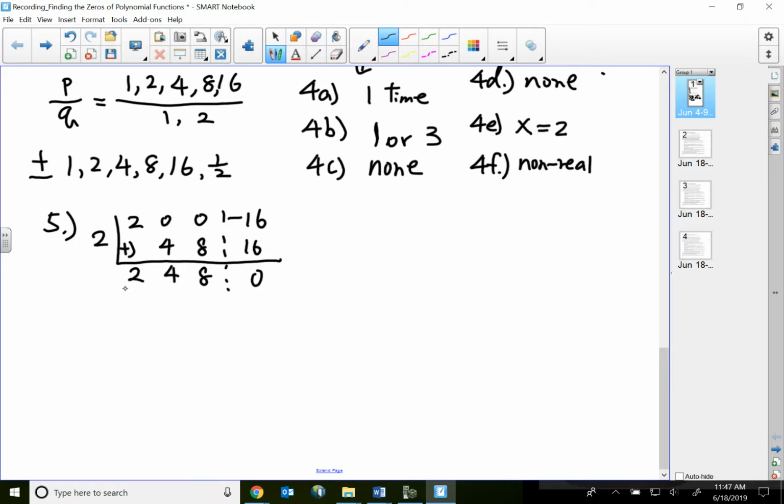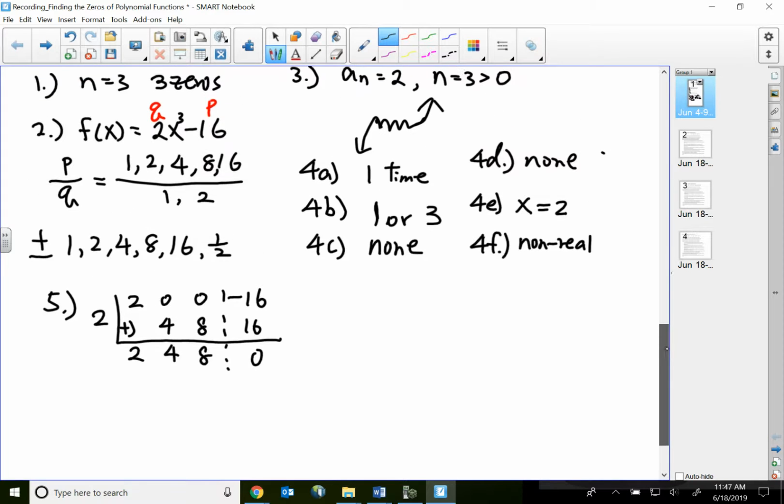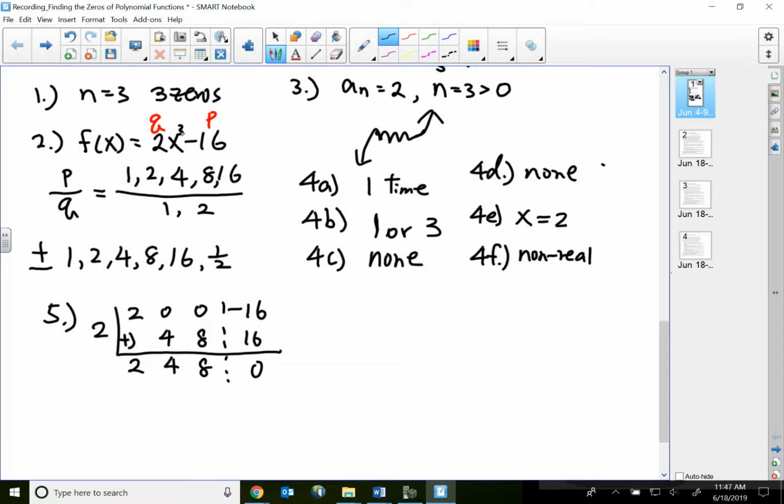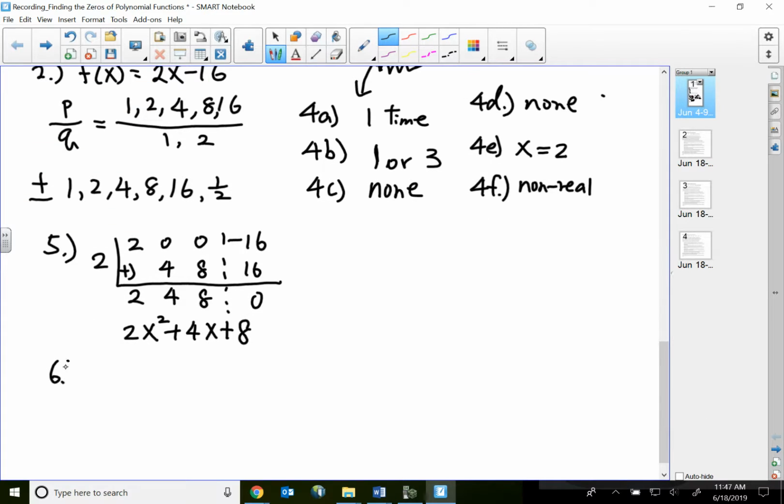Voila. So right now, after the synthetic division one time, it knocked my exponent down one at a time. So this is actually referring to 2x squared plus 4x plus 8. So my quadratic equation that I need to solve is going to be the 2x squared plus 4x plus 8.